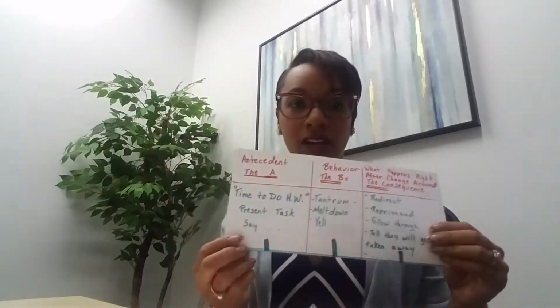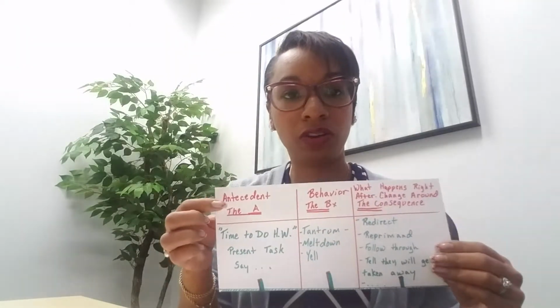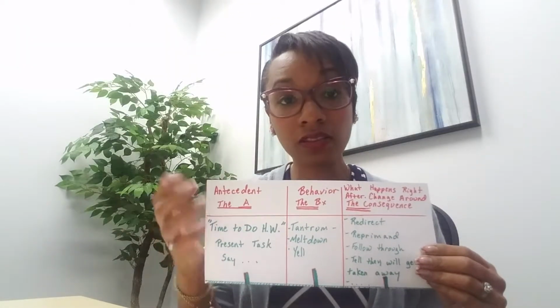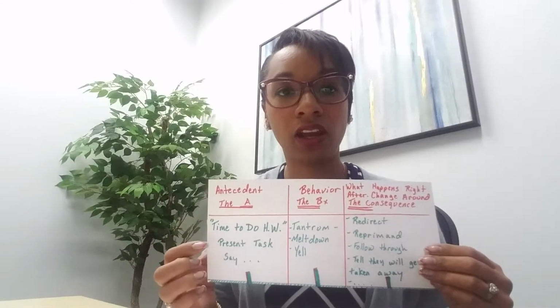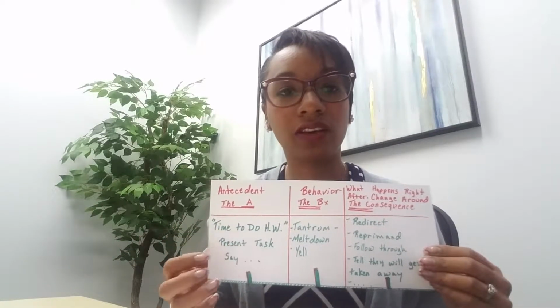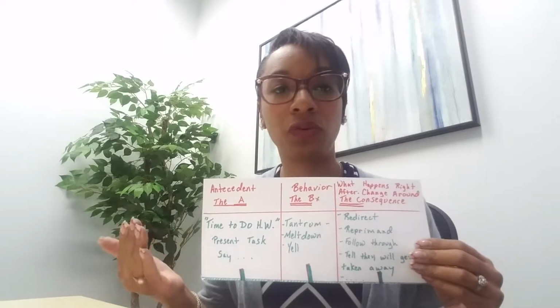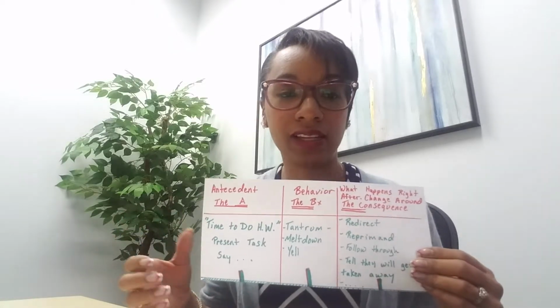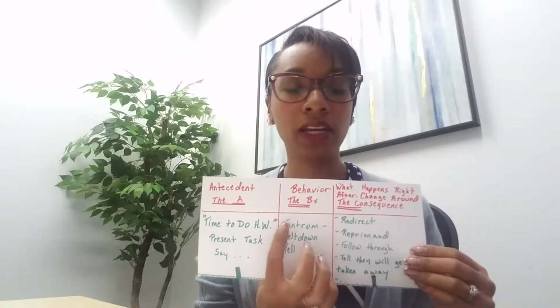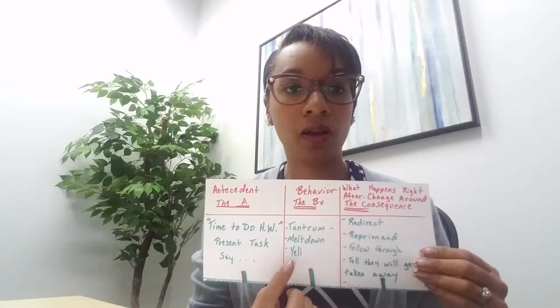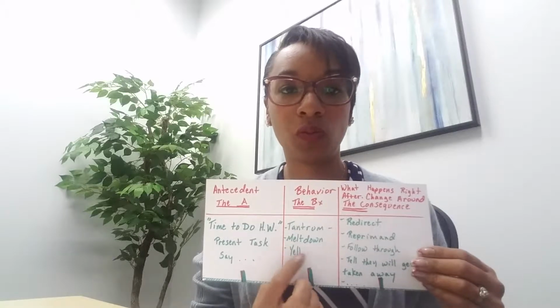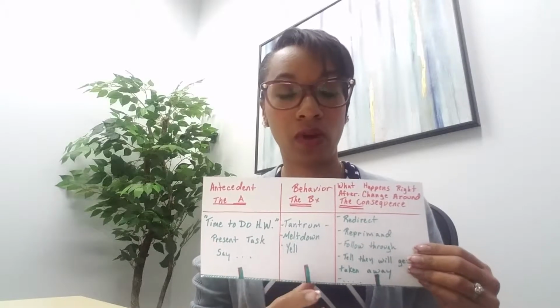I've made a bit of a diagram. And so the first part is called antecedent. This is our ABC data, which I call the A. And this is, you tell the kiddo it's time to do your homework, you present the homework task, or you say whatever the SD is. The second part is behavior, the B, the behavior. Whatever the kid does, the tantrum, the meltdown, the yelling, kicking, screaming, whatever.